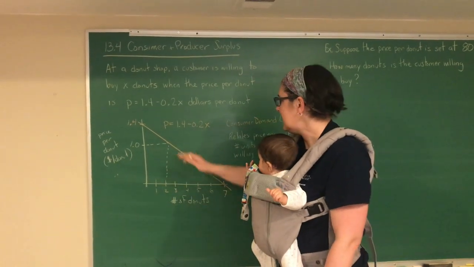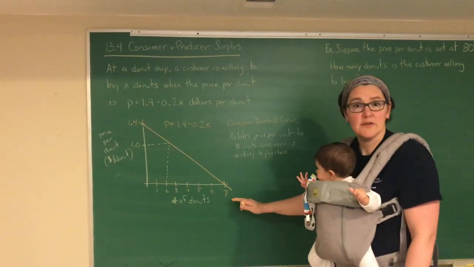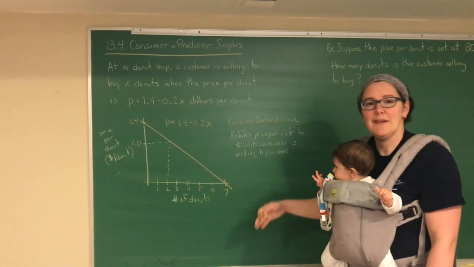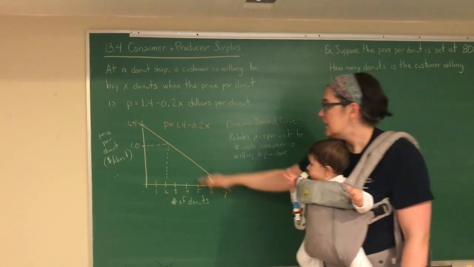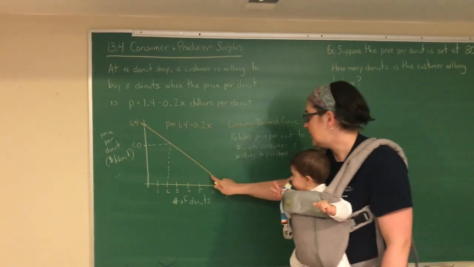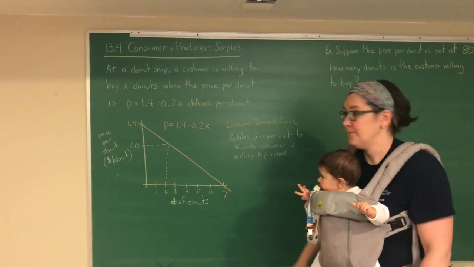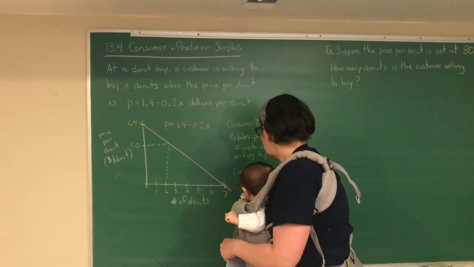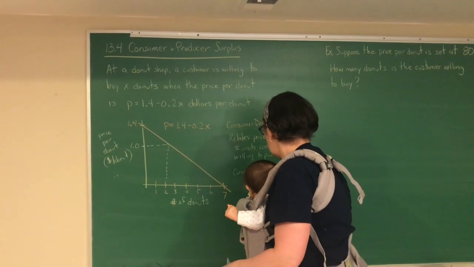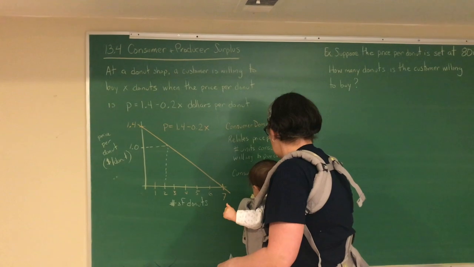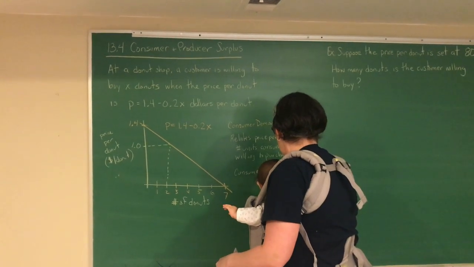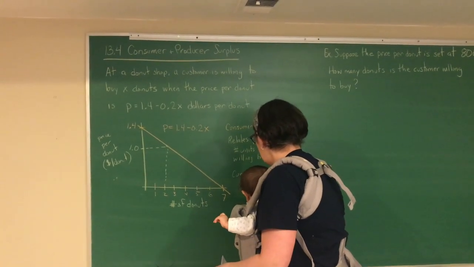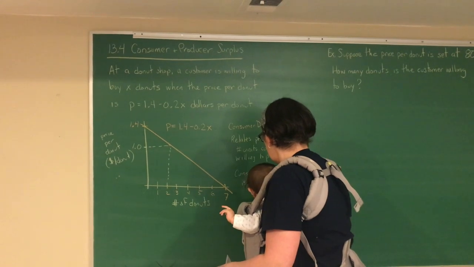Because of that, anytime we have a consumer demand curve, our graph will always be a decreasing function. The lower the price, the more donuts she's willing to buy. So our consumer demand curve is a decreasing function.